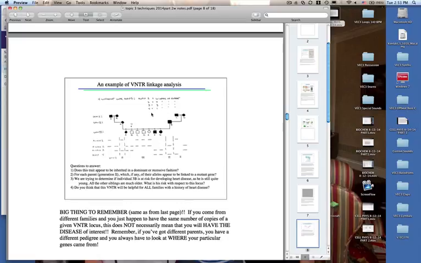You have 3 generations. You've got grandmas and grandpas out at the edges, mom and dad in the middle, and Gen 3 in the middle here. Once again, we're doing PCR across this VNTR, and we're running the fragments from top to bottom.